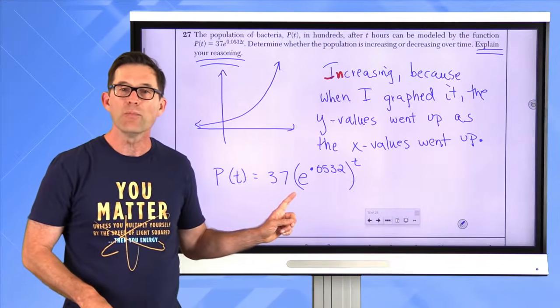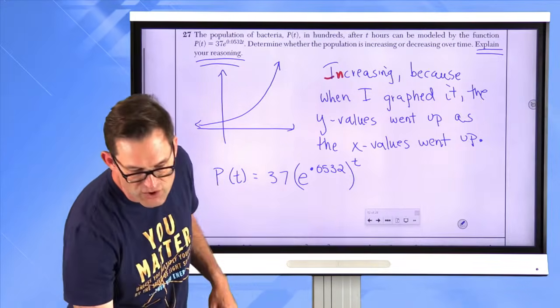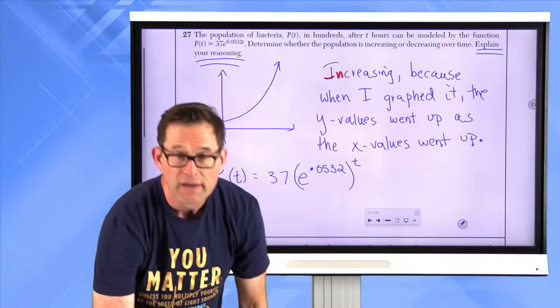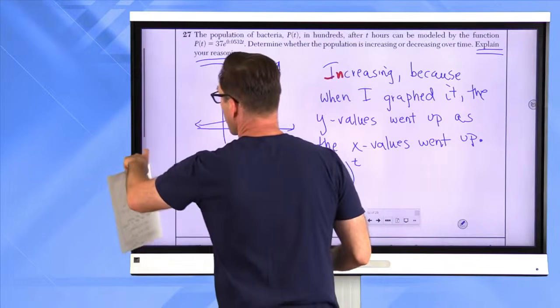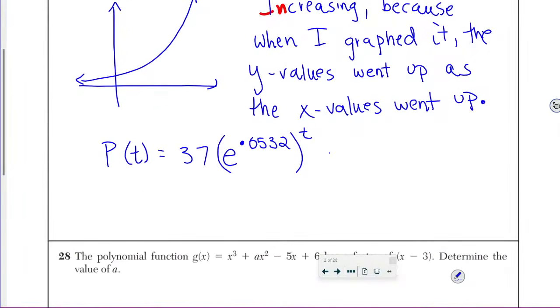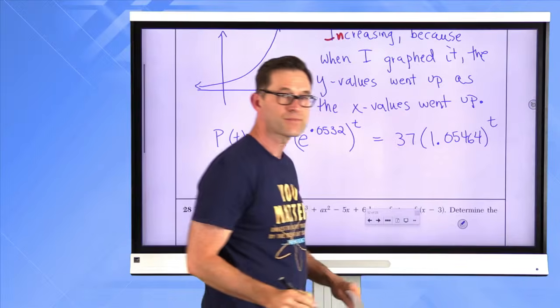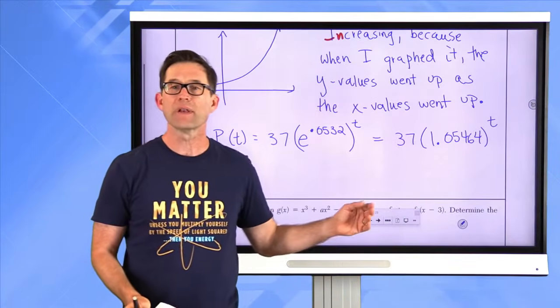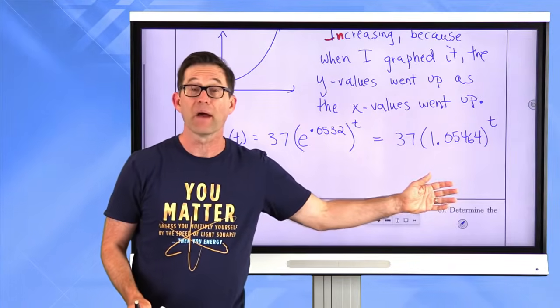Well, now if you put e to the 0.0532 into your calculator, and you round, because you would have to round, you would find that this is 37 times 1.05464 to the t.